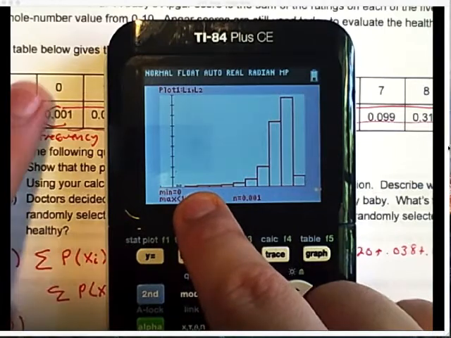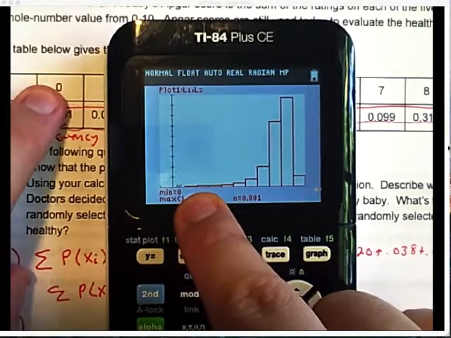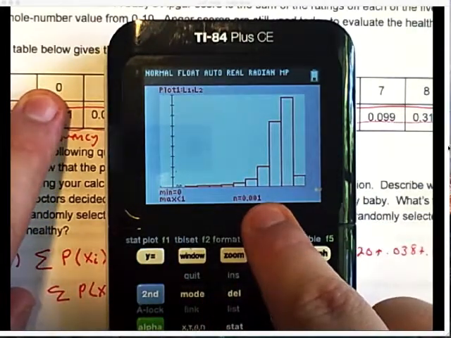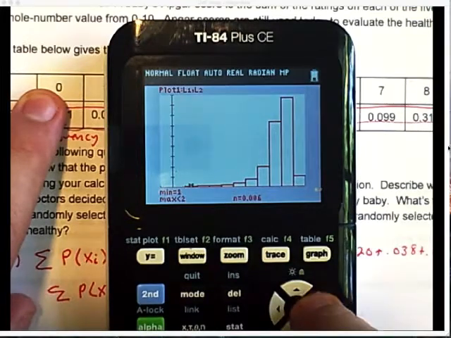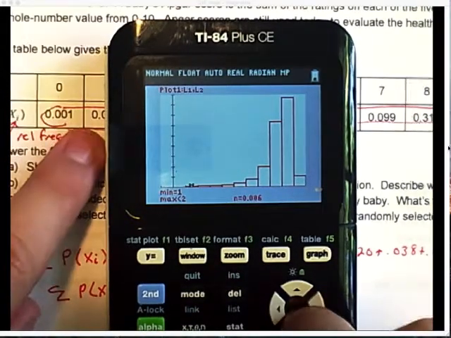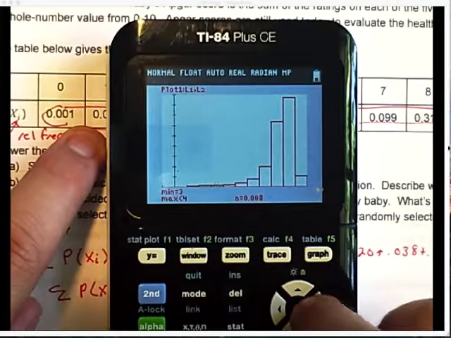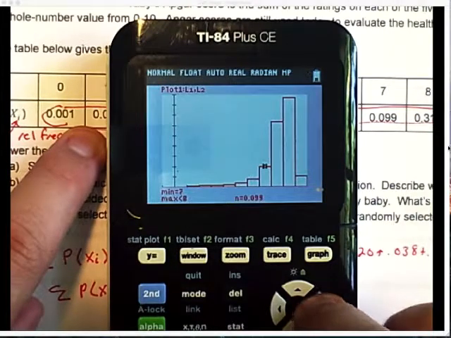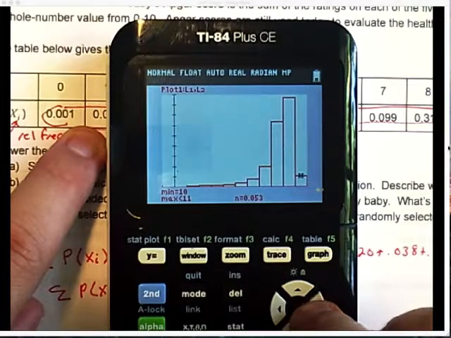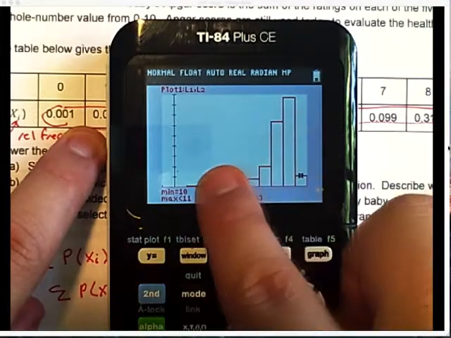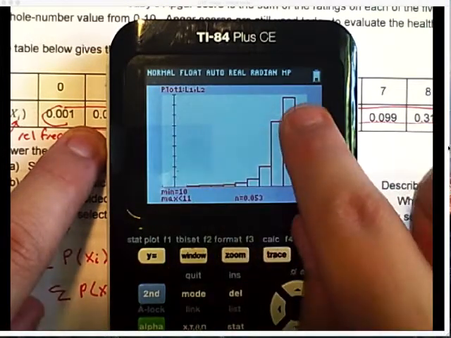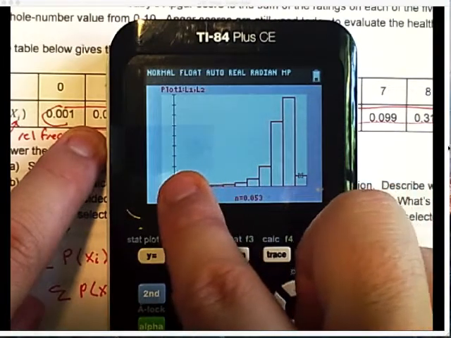That would only include 0 here. Well, the probability there is 0.001. Then we get 0.006. So our calculator will do a relative frequency histogram for us as well. So it looks like that. So there's definitely a left skew here. Hopefully you can see that this distribution has some sort of left skew.